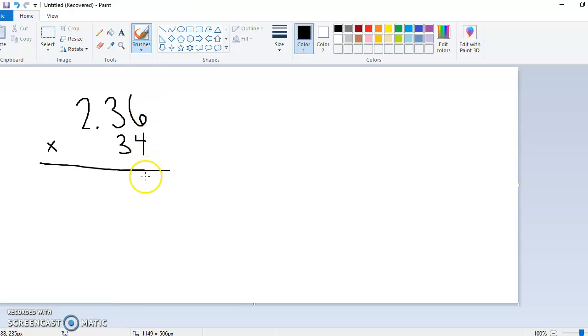So here, 6 times 4, that is 24. Then carry your 2. 3 times 4 is 12. Adding that 2 back in, 14. Cross that out. 4 times 2 is 8 plus that 1 for my 14, so 9.